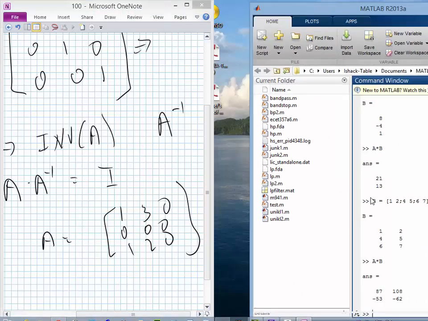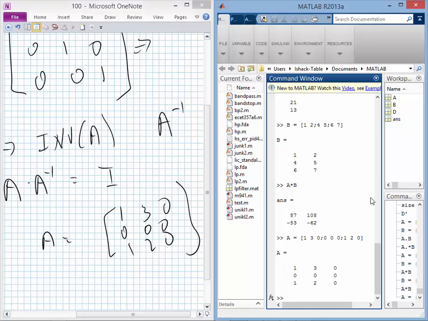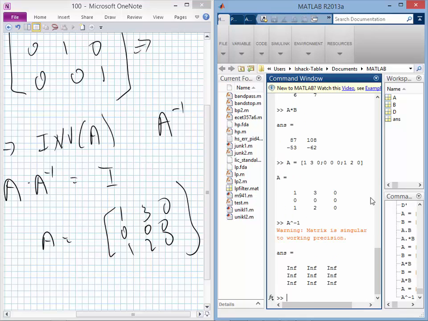So A is equal to, bracket, 1, 3, 0, 0, 0, 0, 1, 2, 0. And I say raised to the negative 1, and it says it's singular. The term singular means that no inverse exists.